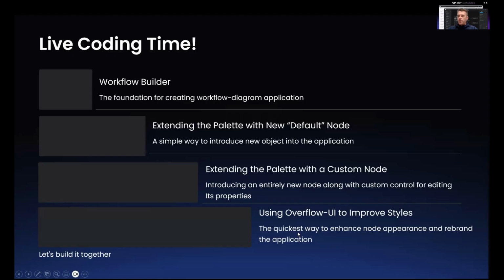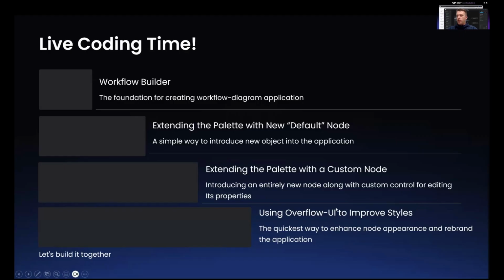Next, in this version, the node is going to be very simple. I mean, it's not going to look well. And next, I will show you how to very easily adjust the node to the look of the Workflow Builder using the open source library Overflow UI, which we also created.